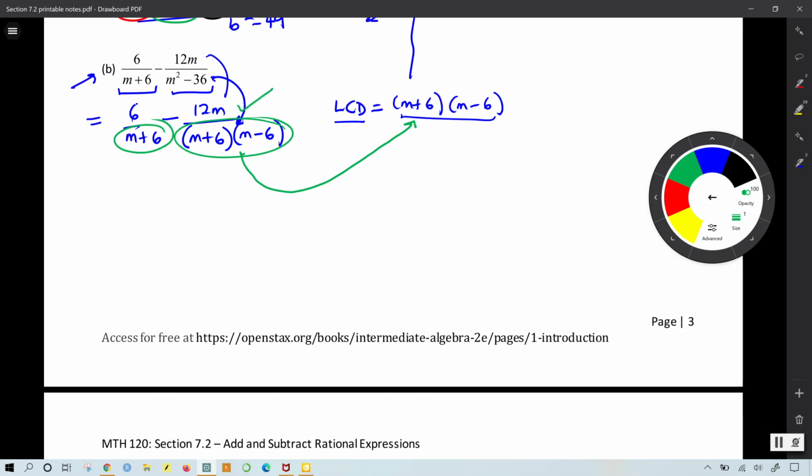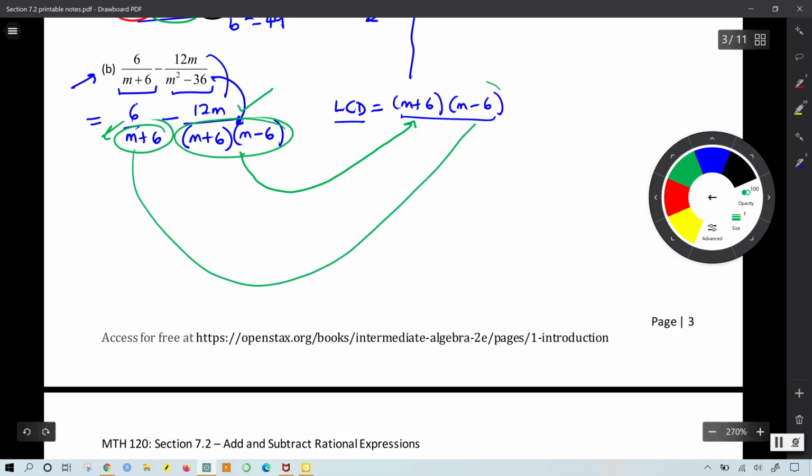It does not need any extra help. However, you have 6 all over m plus 6. The denominator is missing this component in order to catch up with the LCD. So we can help it a little bit.